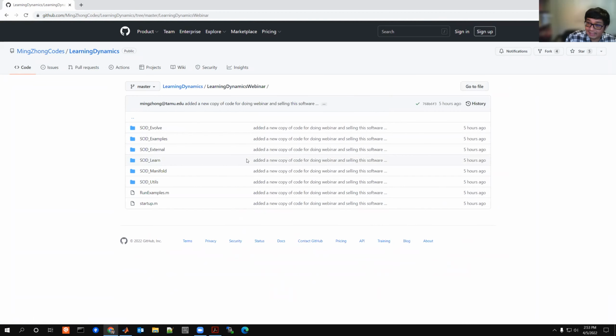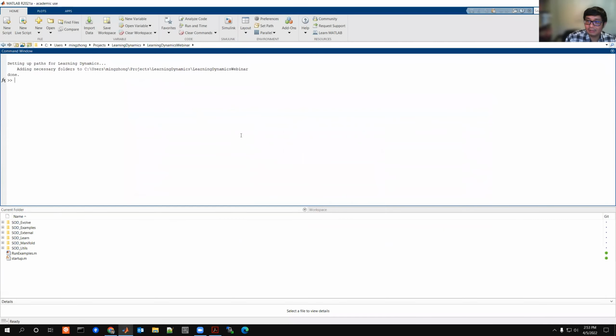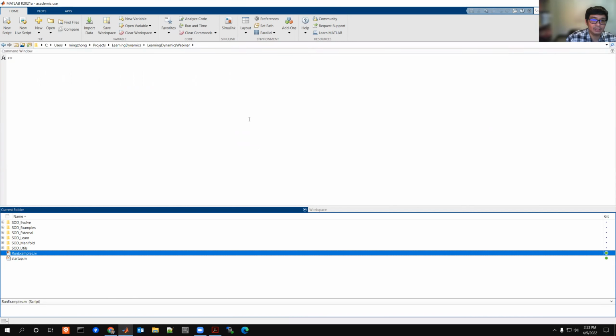So this will be the latest version. Okay, so let me show you how to actually use it once you download this code onto your MATLAB. We're also thinking about changing everything from MATLAB to Python later. Originally this code is implemented in MATLAB, but we are slowly moving away from it.